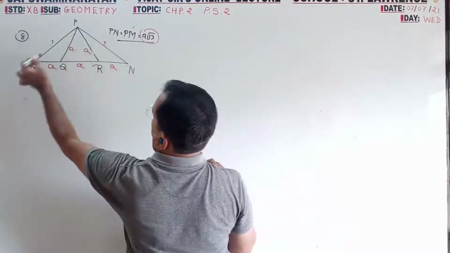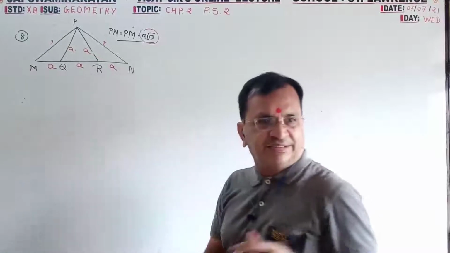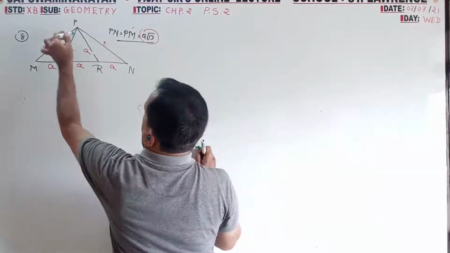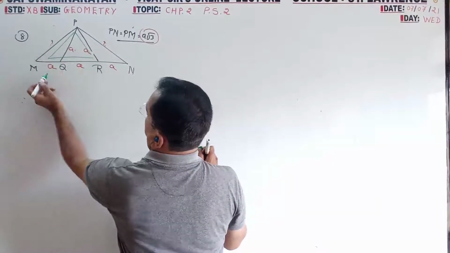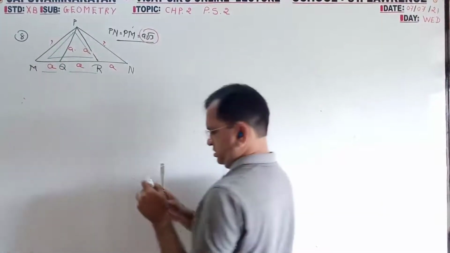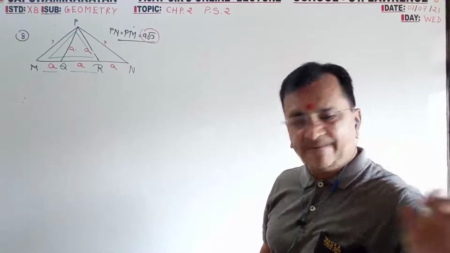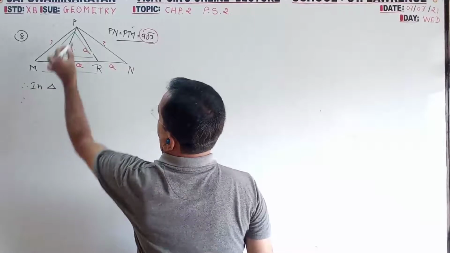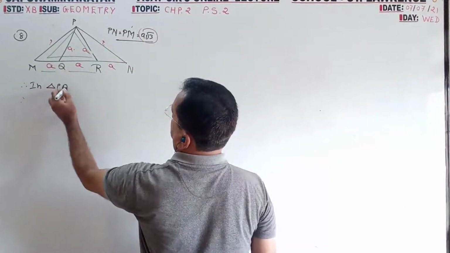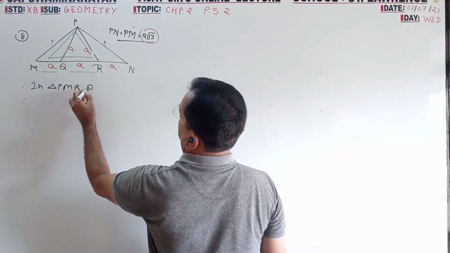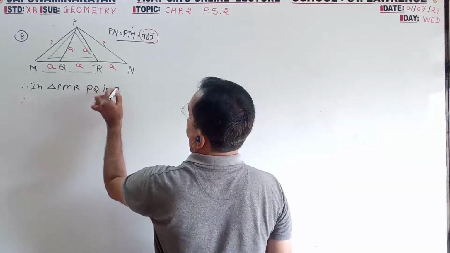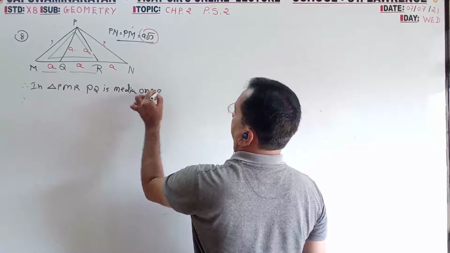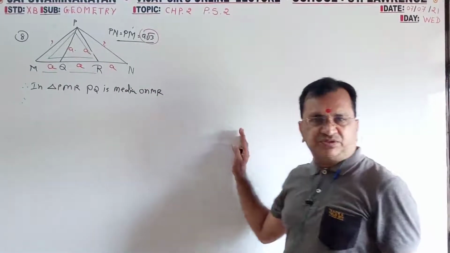See, in this triangle, I take this triangle. This is A, this is A, so Q is a midpoint. Therefore, in triangle PMR, PQ is the median on MR. See, the same steps we will write here.